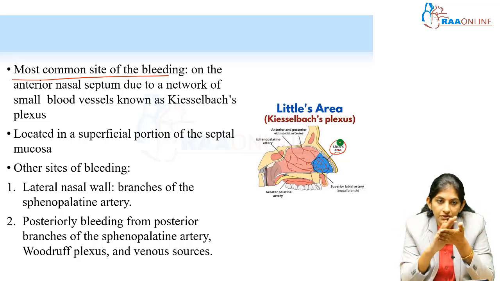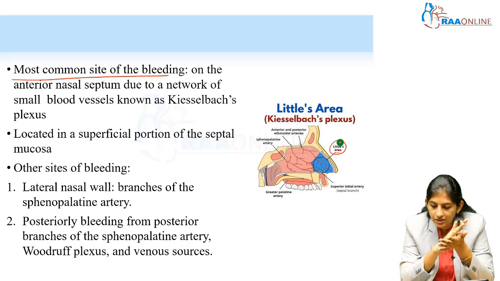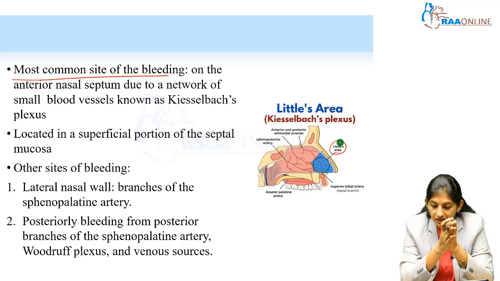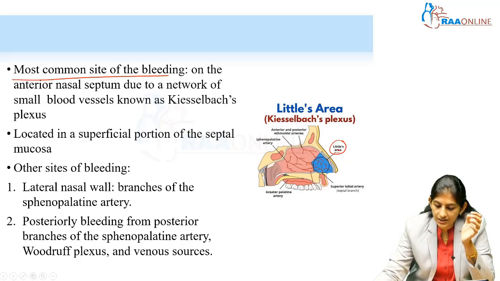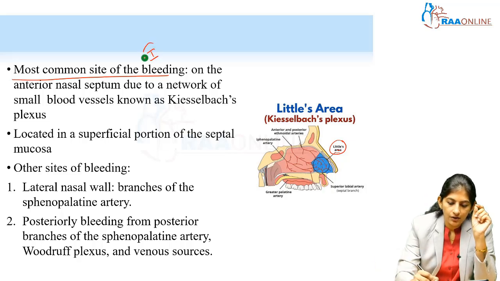Since it is superficial, this area is more prone to bleeding. As you can see here, the anterior and posterior ethmoidal artery branches, the branches from the sphenopalatine artery, the greater palatine, and the superior labial all branch towards Little's area. So you should understand, this is Kesselbach's plexus, the most common site of bleeding.